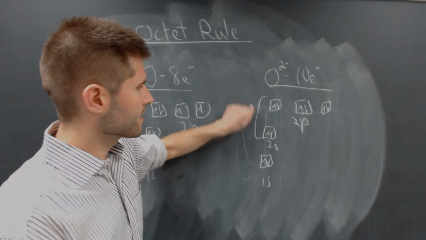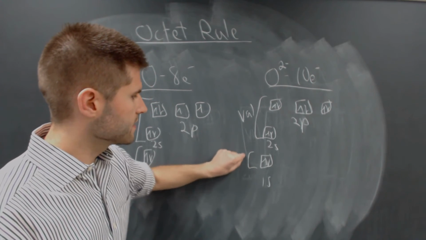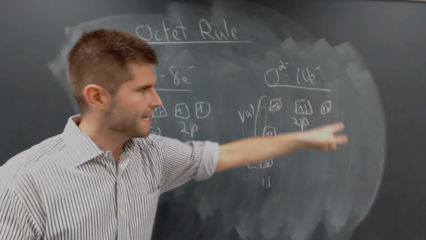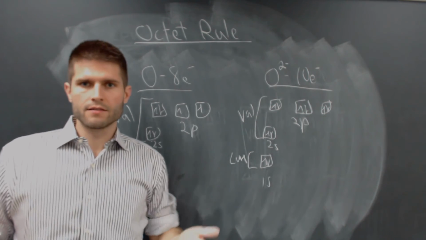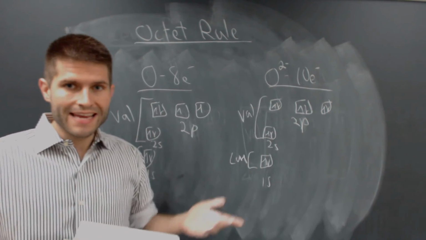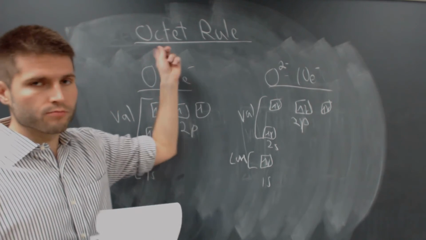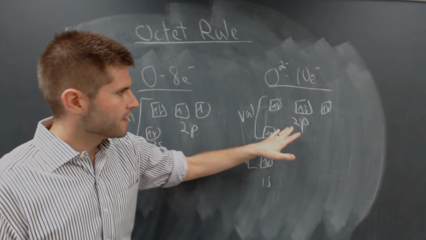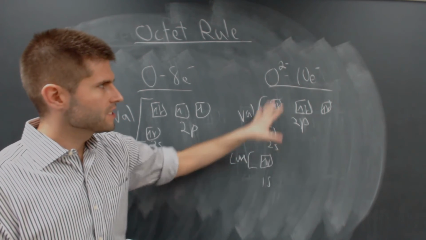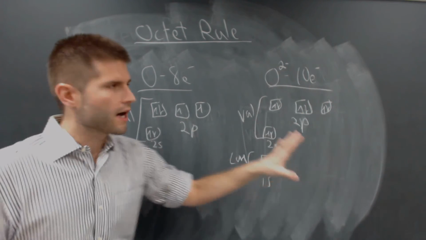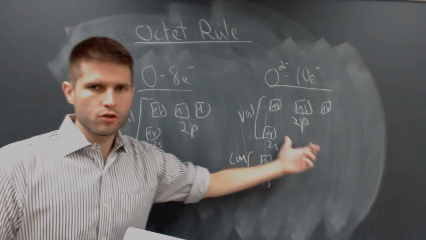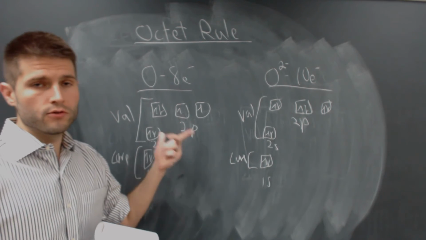These are our valence electrons. These are our core electrons. And look at this now. Our valence electrons, we have 2, 4, 6, 8. Octet means 8. So that's one of those prefixes that we learned way back in the day. We're having a number of 8 valence electrons. This is the driving force why oxygen gains electrons rather than losing them. It's easier to gain 2 electrons than it would be to lose 6.